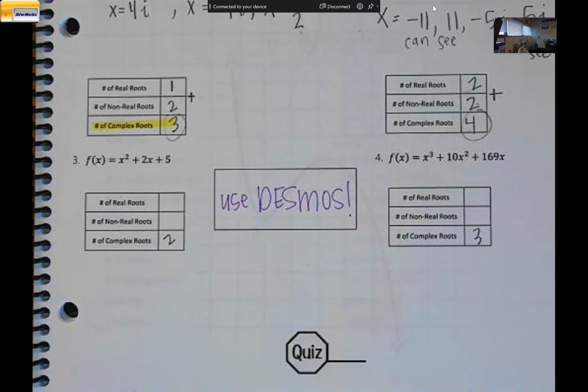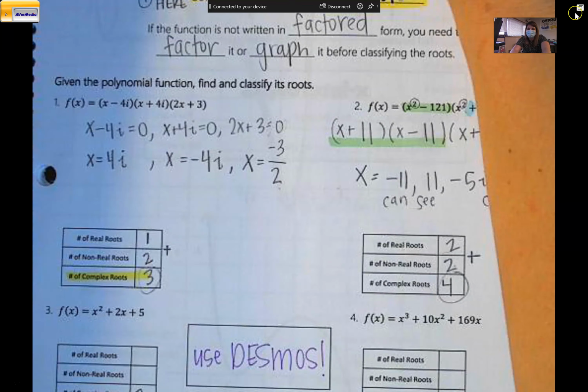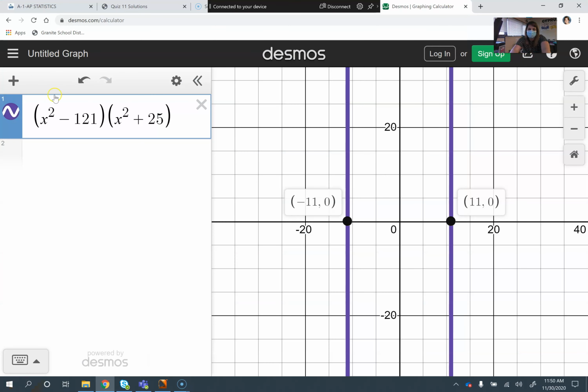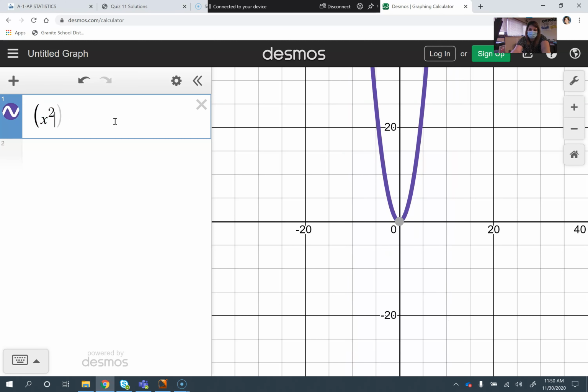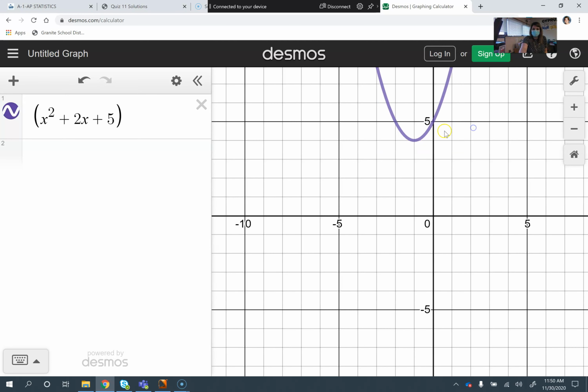Oh, because you can't see 3 of them. There's 3 imaginary. Yeah, so the real ones would be 0. We're gonna check in. The first one is x squared plus 2x plus 5. And then you're all annoyed because it doesn't pass through anywhere.